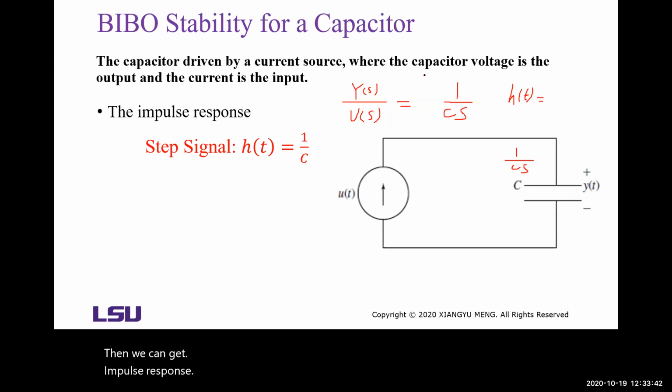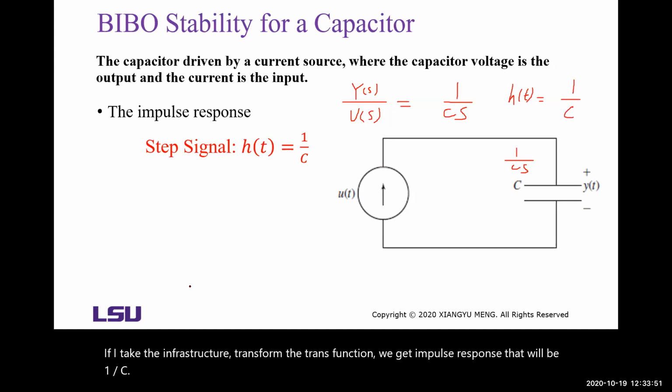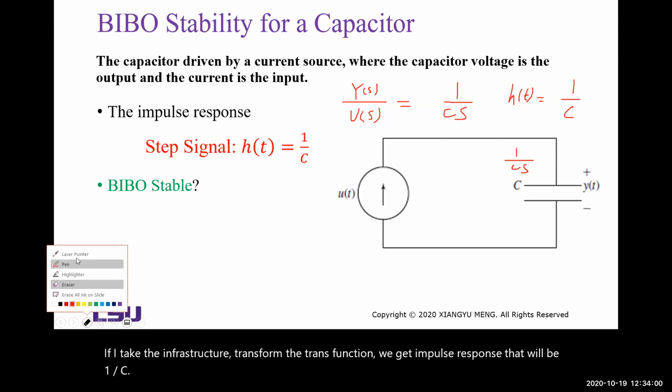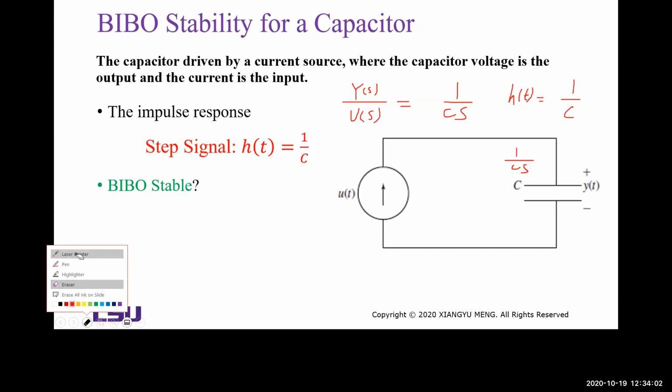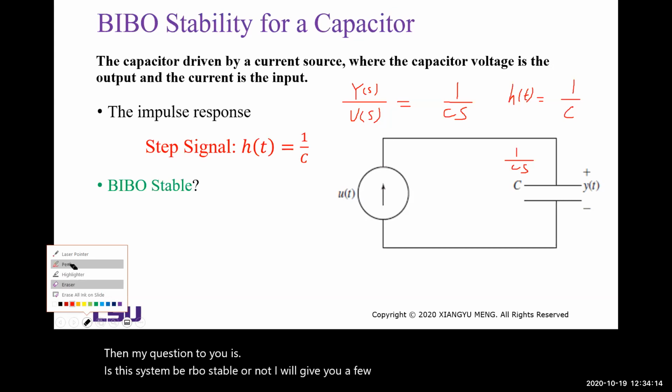If we take the inverse Laplace transform of the transfer function, we get the impulse response. That will be 1 over C. Then my question to you: is this system BIBO stable or not? I will give you a few minutes to think about it.